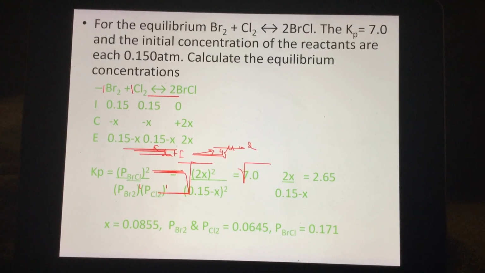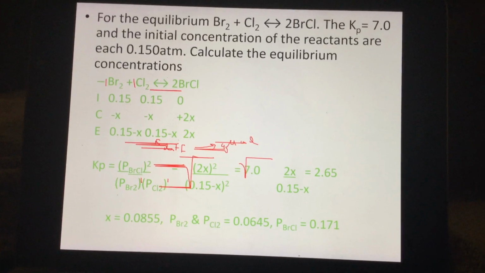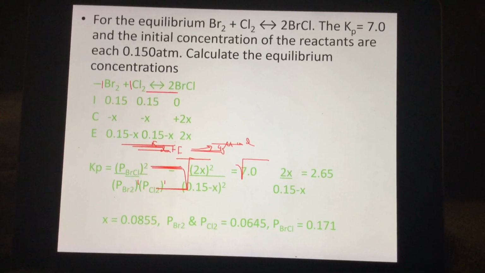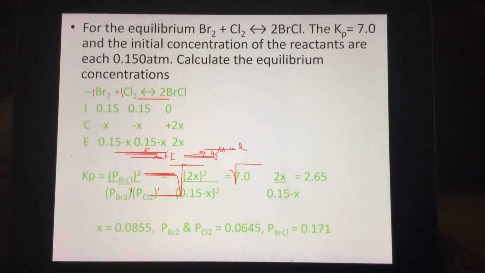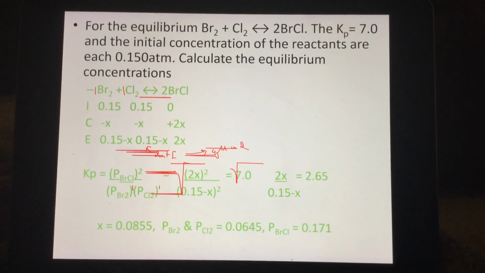And then when we solve for x, we'd multiply both sides by 0.15 minus x and distribute, and then solving for x, again, that's all algebra I know you guys know how to do. That ends up giving us x is equal to 0.0855.